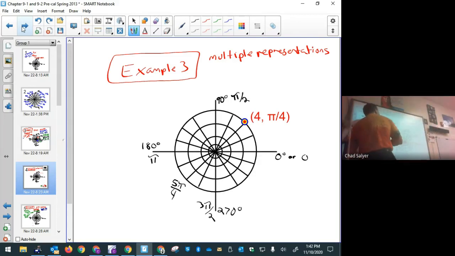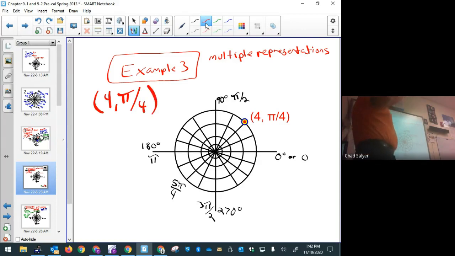So if I think about this, (4, pi over 4), how many ways can I say that? Well, I can say it two ways with a negative radius, and two ways with a negative angle. It's important for me to note the corresponding angle. Do you see why it's 5 pi over 4? It's the corresponding 180-degree opposition angle.